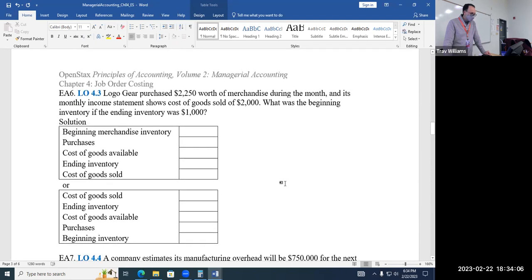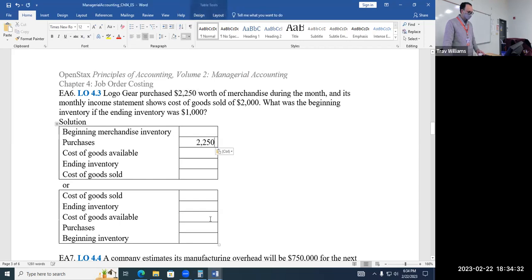Here's a company that buys finished goods. So a company that's a retailer, they buy finished products, they resell them, right? So they don't have to deal with all these manufacturing costs. They're dealing only in finished goods inventories. So this will be simpler. This company bought $2,250 worth of merchandise.